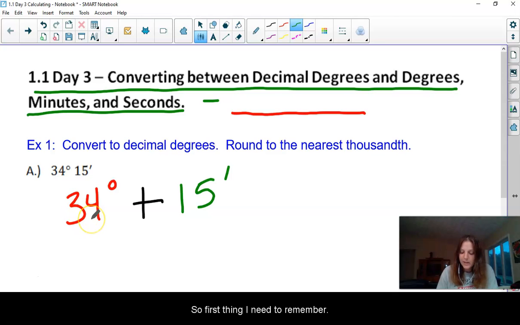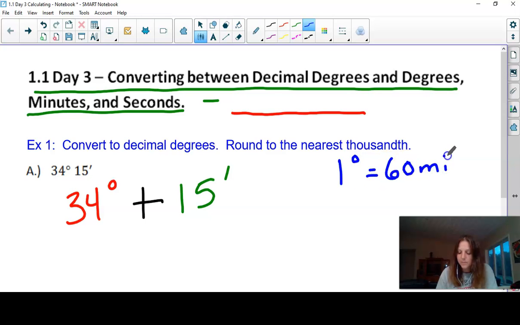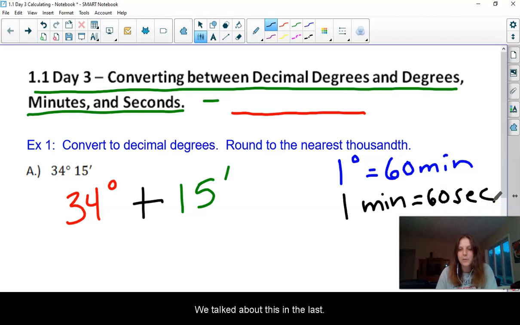So first thing I need to remember, 1 degree is equal to 60 minutes, and 1 minute is equal to 60 seconds. And we talked about this in the last 2 lessons.